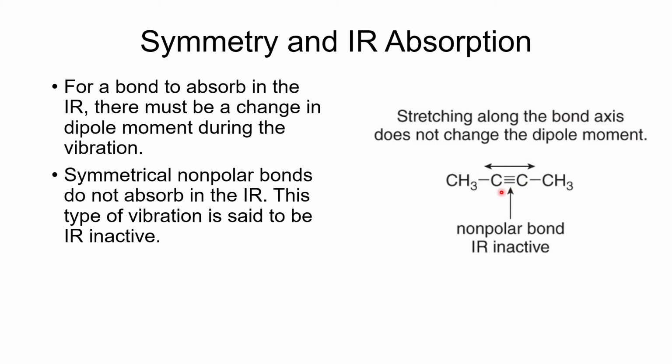Other things that are IR inactive include, in our atmosphere, nitrogen, which makes up about 78%, and oxygen, which makes up about 21%. Those two things are IR inactive. Now, ozone is IR active because it's a little bit polar, but the regular oxygen and nitrogen don't absorb in the infrared.